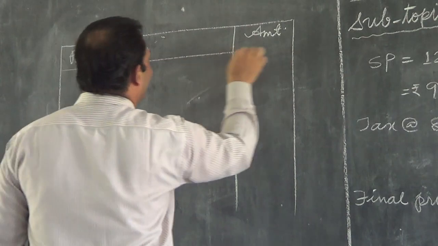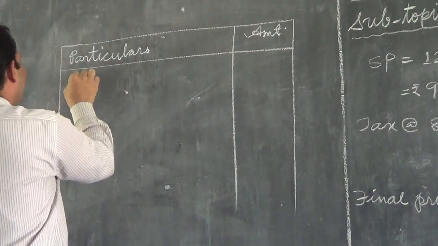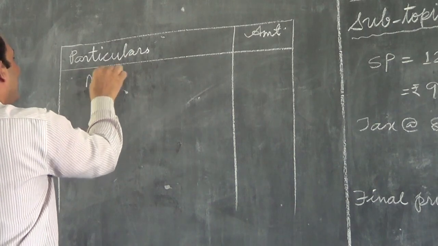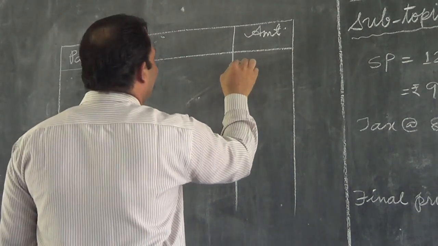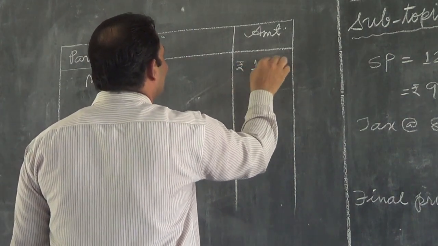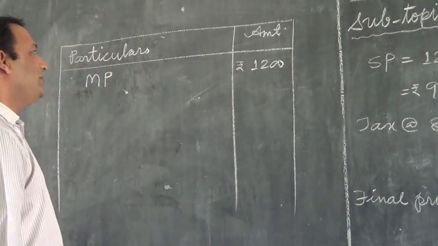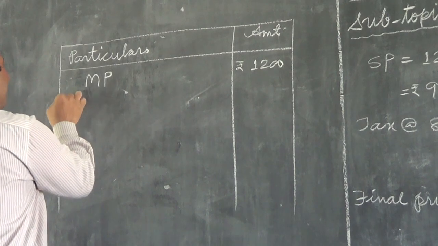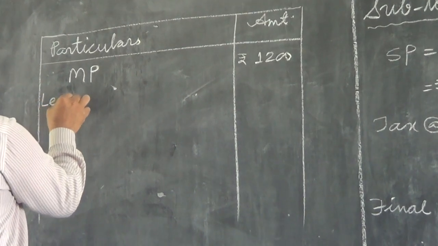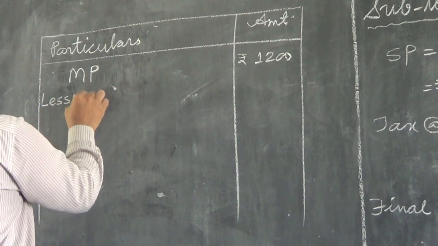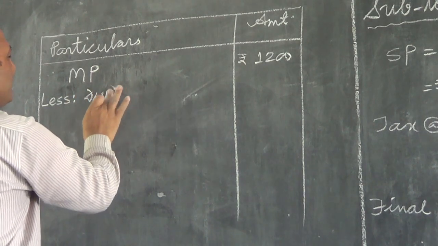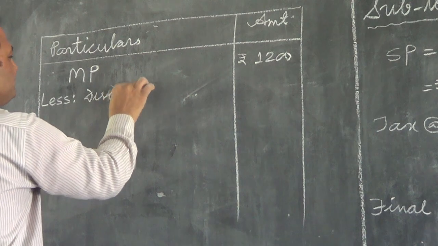So here I will write marked price, which was given here, rupees 1200. Then what I did, less, I subtracted discount. So I wrote here less discount.